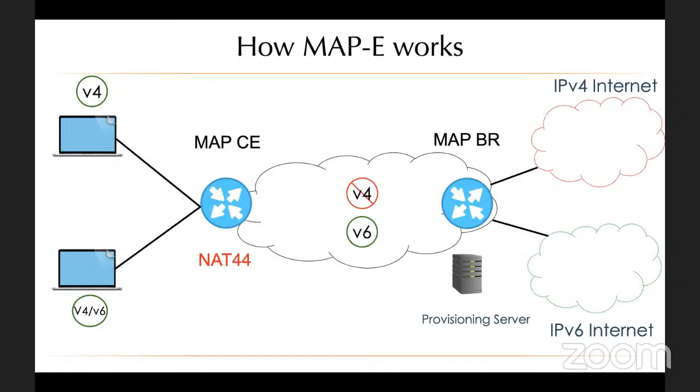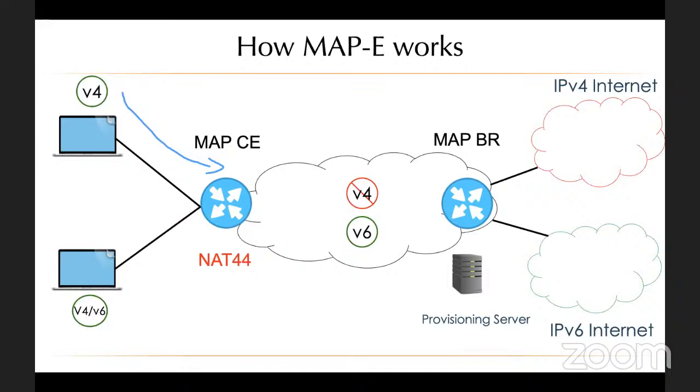So a packet will be sent from the host to the CE. Of course, we're using private IPv4 addresses internally, right? Because the NAT function is on the CE. So first thing that's going to happen is the CE is going to do NAT from private to public. Then after doing NAT, it's going to do the encapsulation of this packet.